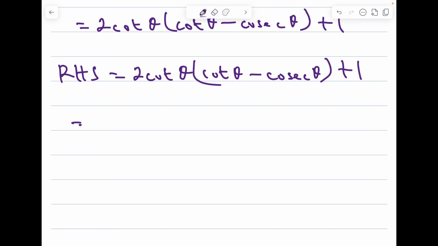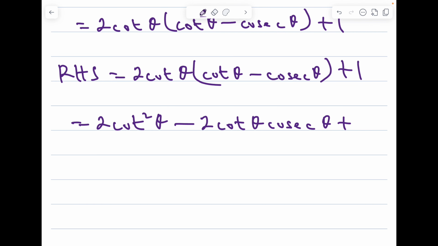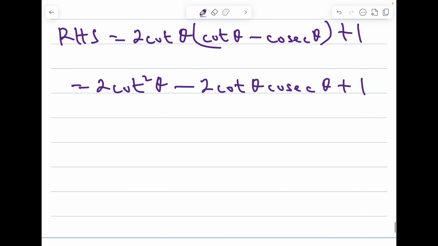And that is the same as, if I expand the brackets, 2 cot square theta minus 2 cot theta cosec theta plus 1.